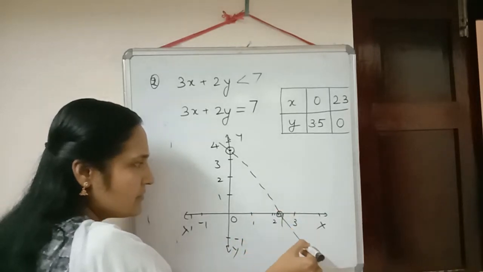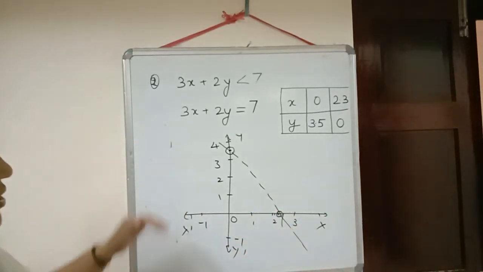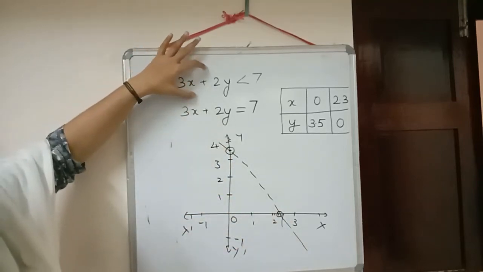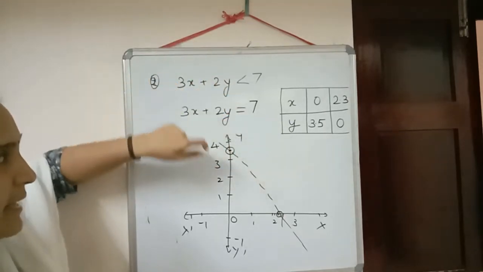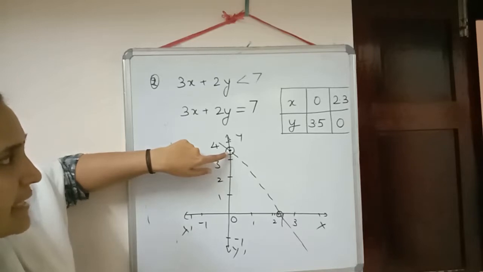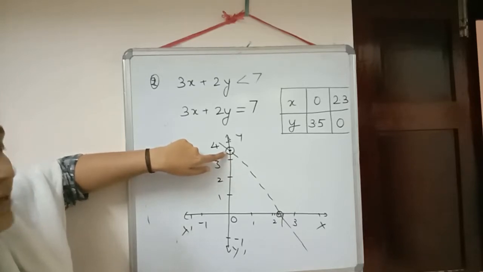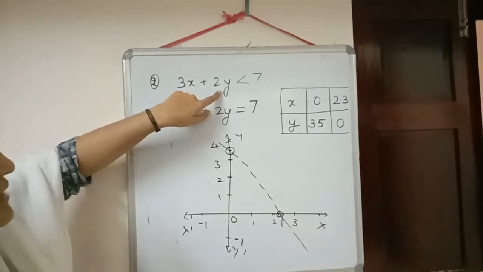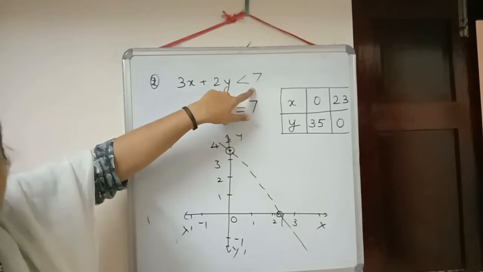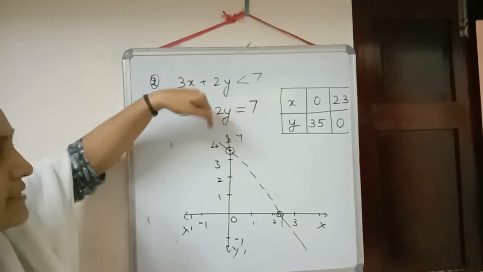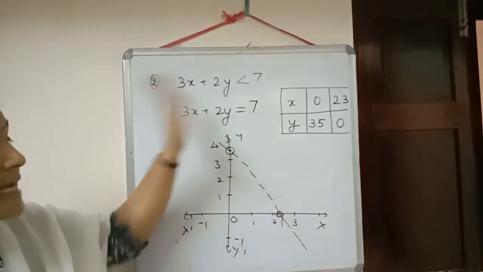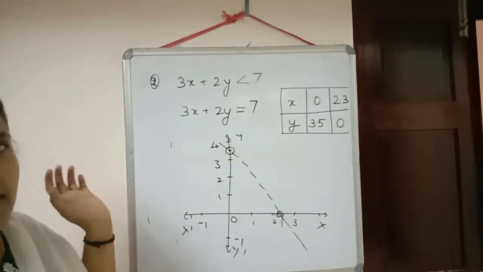Now why are we using dotted lines? It means all the points on this line will not satisfy the inequality. Like here we have the point 0, 3.5. If you substitute x equal to 0 and y equal to 3.5, you will get 7 less than 7, which is wrong. So that's why we are using dotted lines. It means all the points on this line will not satisfy the inequation.